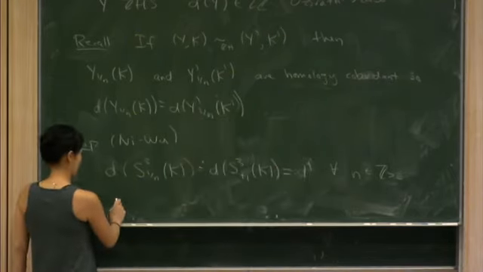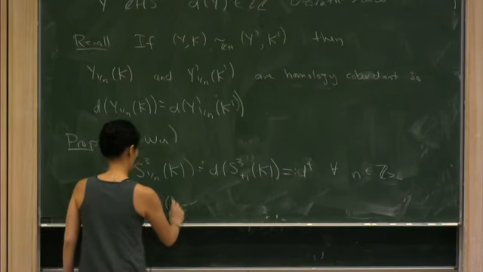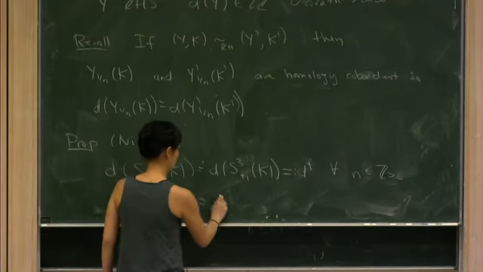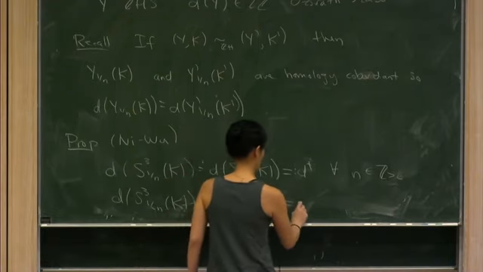And similarly, if you do -1/n surgery, this is d of -1 surgery along K. And let's call that d minus.